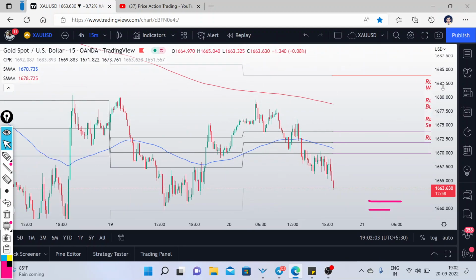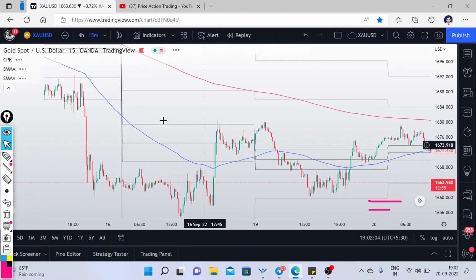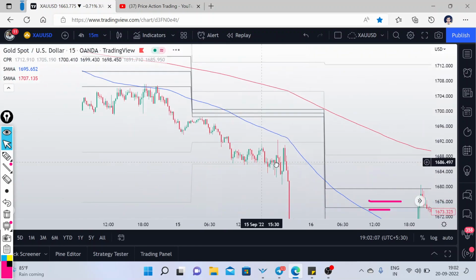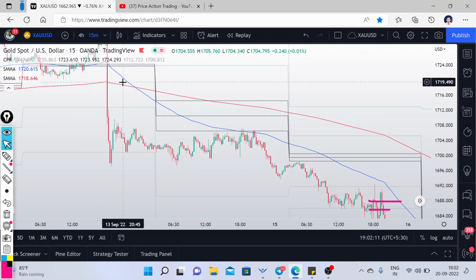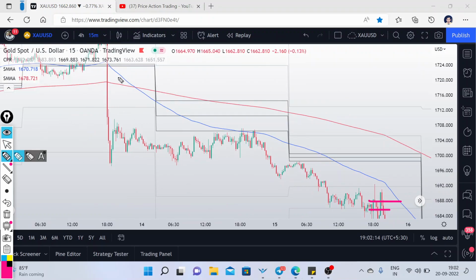So as you can see, if we scroll back, you can see here that for the crossover you have to wait, like whenever 50 period cross 200 from upside to downside, this generate a sell signal.